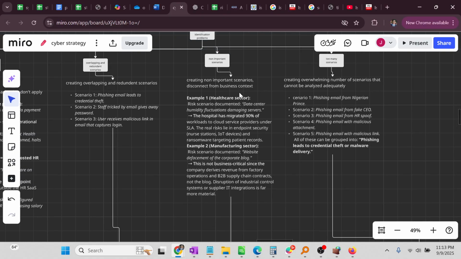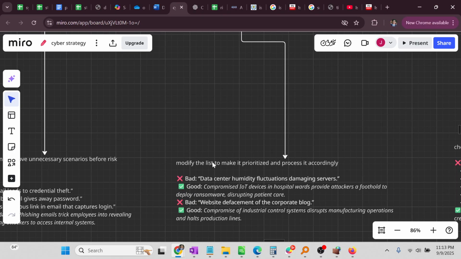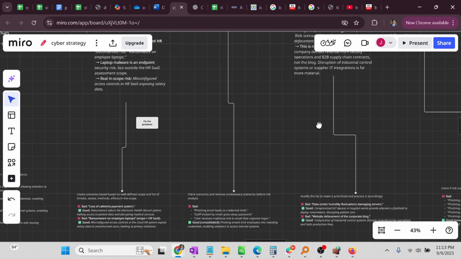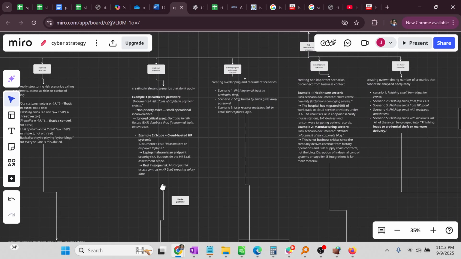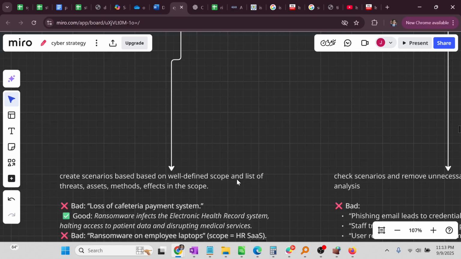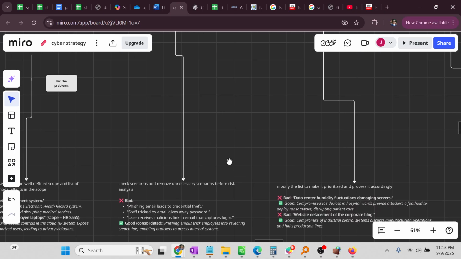Non-important scenarios. This is another problem that we face. So in order to focus on the important scenarios, this is what you can do. In the irrelevant scenarios, I have mentioned creating a list of threats, assets, and methods, effects. What you can do with this list is prioritize it.